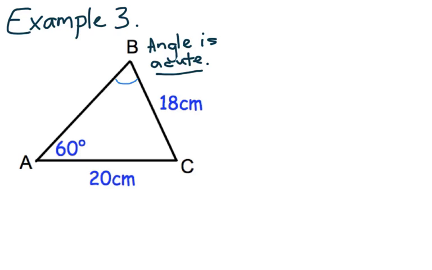Now, the reason this is a problem with sine rule is because sine of A and sine of 180 take away A are exactly the same value. So what I mean by that is sine of 30 is 0.5 and sine of 180 take 30, which is sine of 150, is also 0.5.